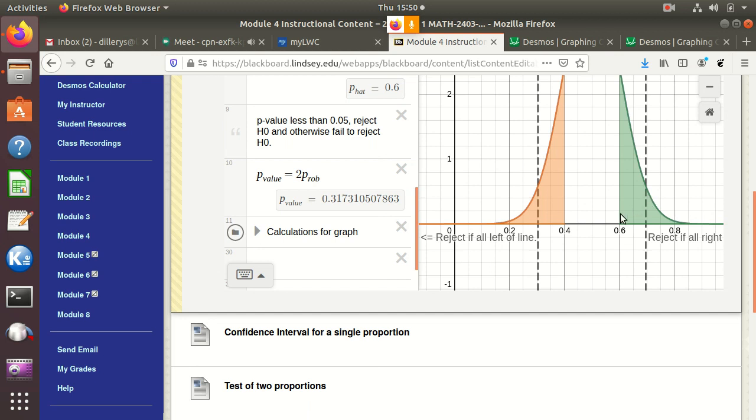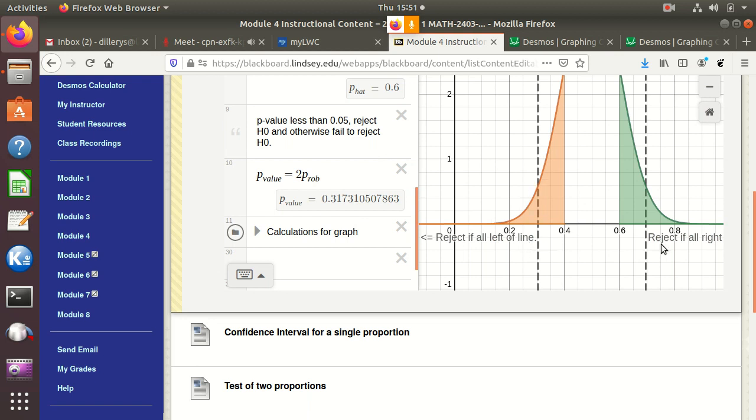And so that is everything that sort of fits our data, right? We got 0.6 or more in this hypothesis test. And then since it's a two-sided, it also did this orange stuff down here. Orange stuff is the symmetry part. It's the other side of it. So it shows us a picture of what we're calculating, and we have just calculated those two areas together at about 32%, or 0.317 here.